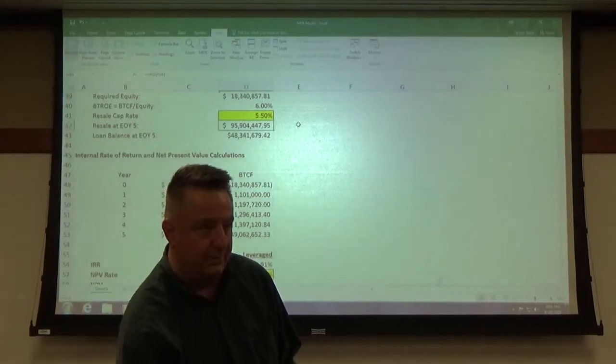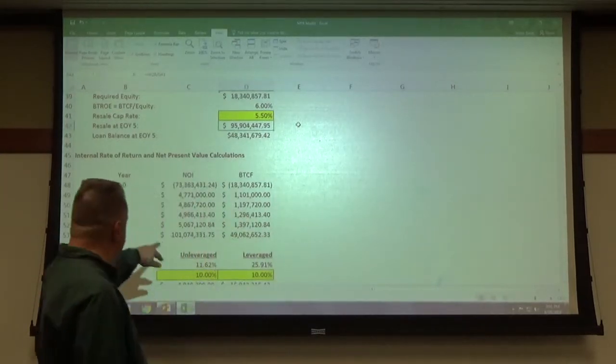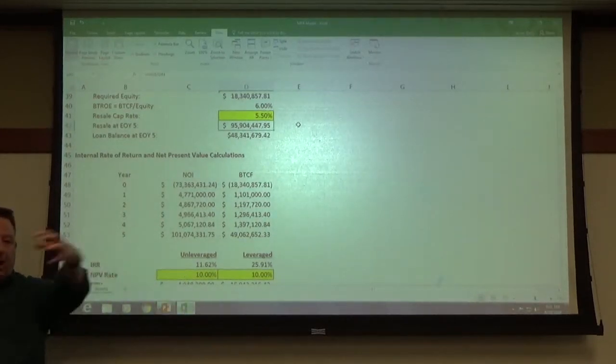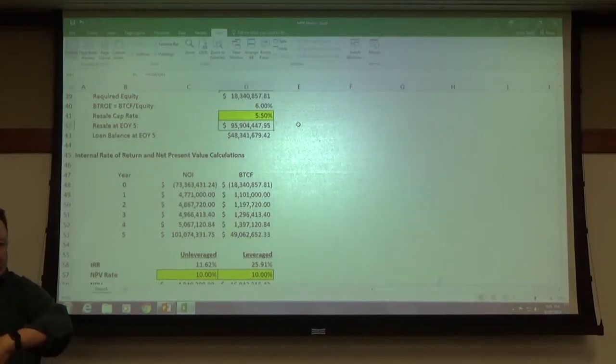Does that make sense? So all you're doing in that year 5 is just adding the resale of the property with the 5th year NOI together, because that's the income, all the money that's coming in your door at that point in time.